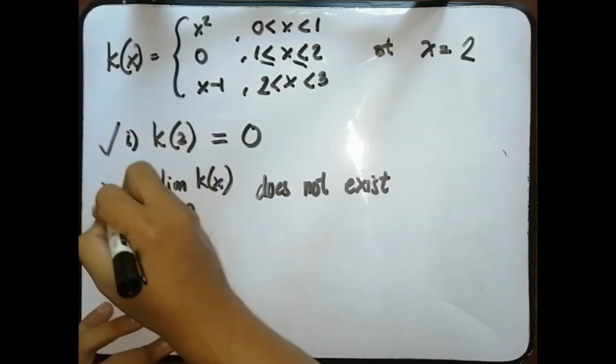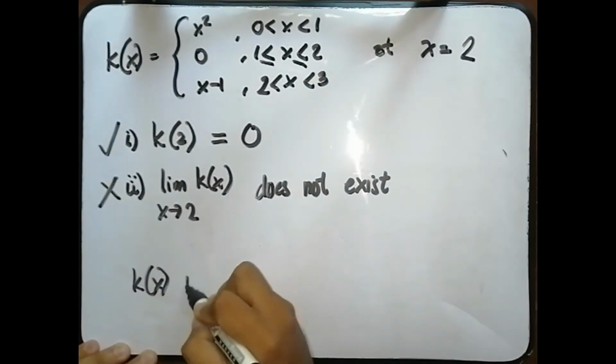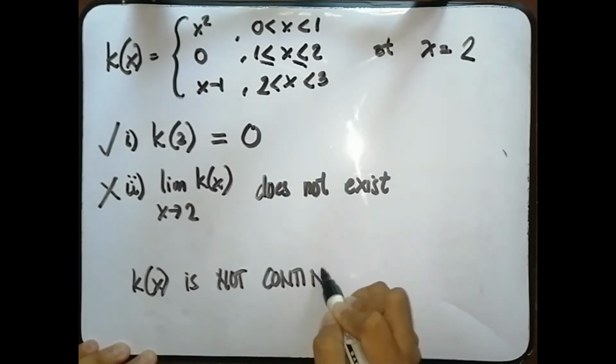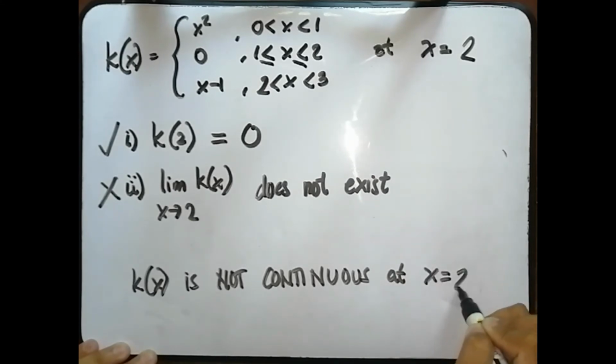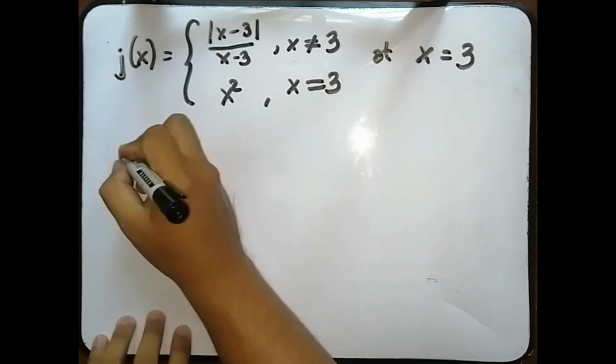So check dito, ito, hindi siya na-satisfy. Therefore, k of x is also not continuous at x equals 2. Let's determine if j of x is continuous at x equals 3.